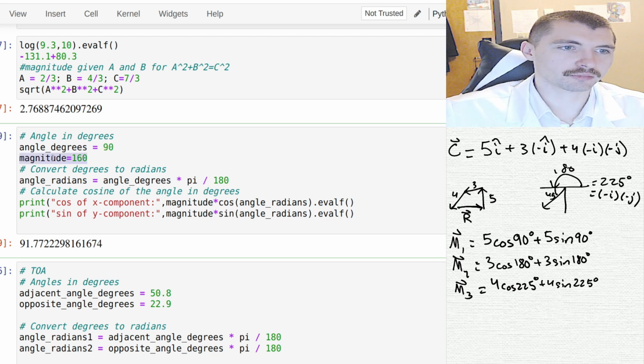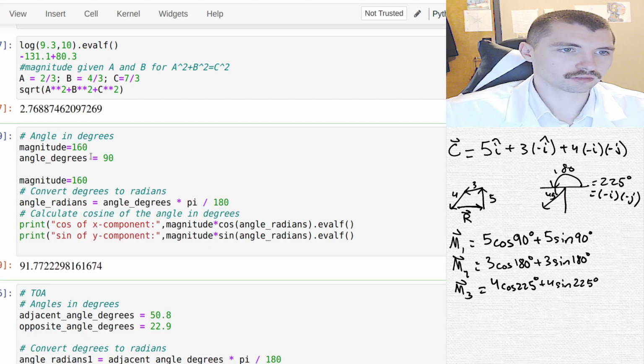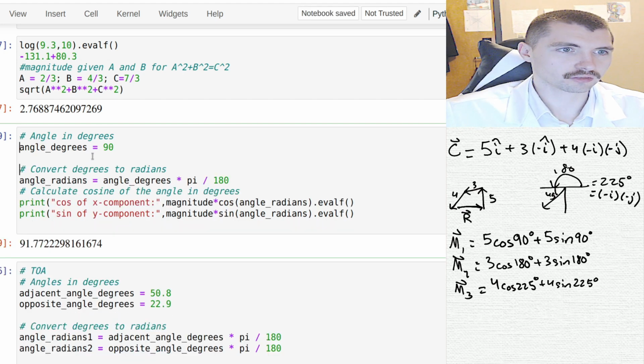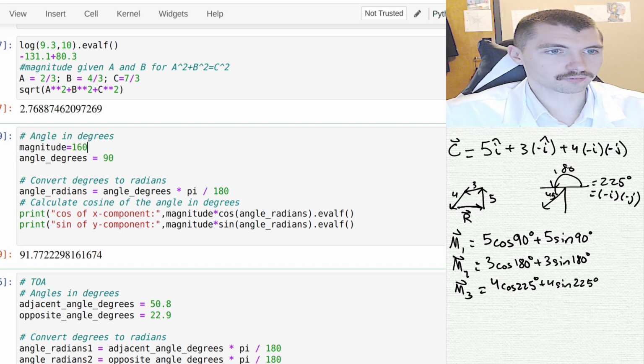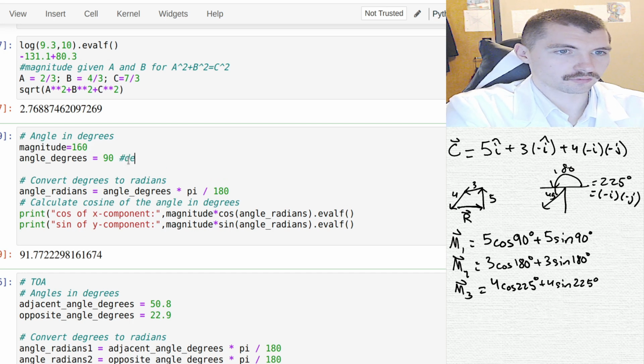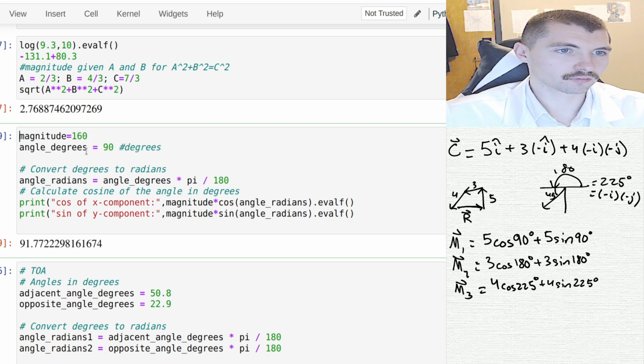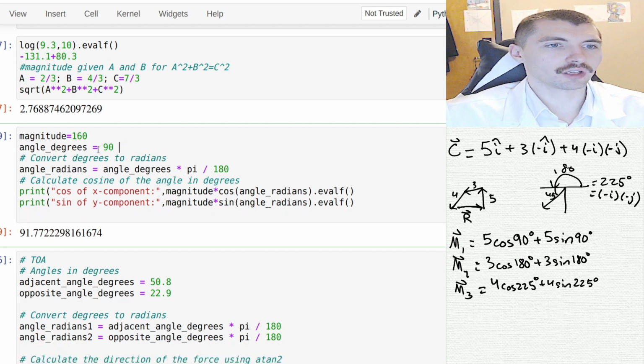I guess I should swap these. Angle in degrees, magnitude is 5. Where are you going? 5, 90.